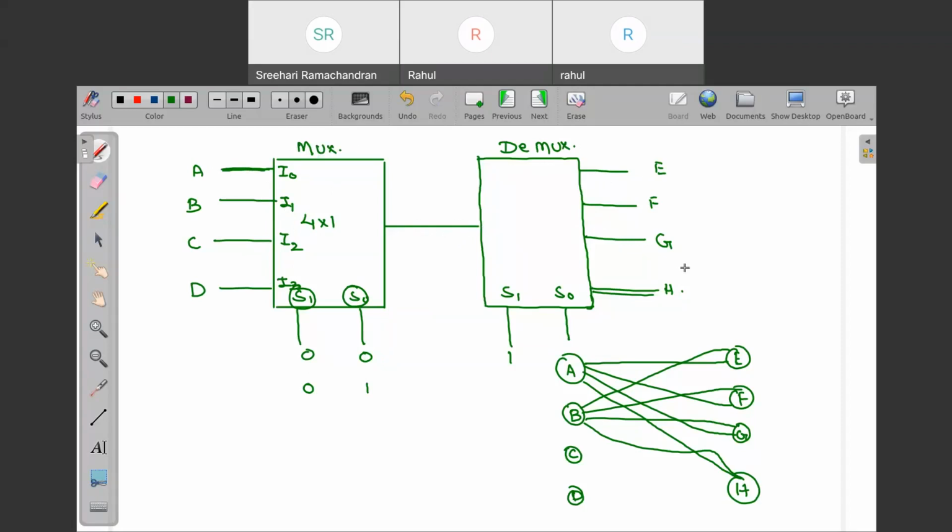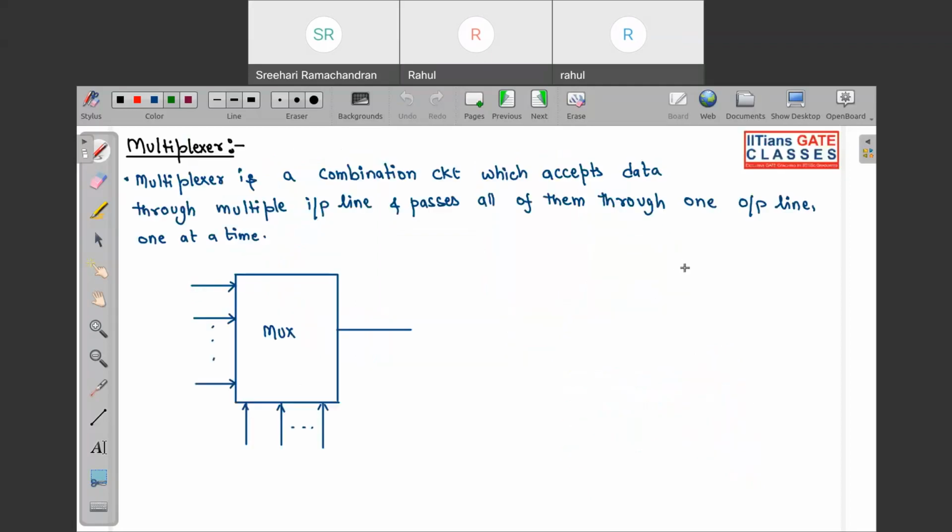Demultiplexer and multiplexer combined are used to transmit data from one source to different destinations, or even from different sources to different destinations. So this is the basic motivation of the multiplexer.